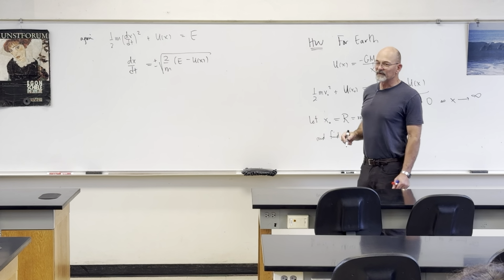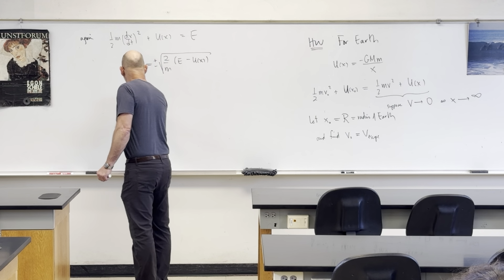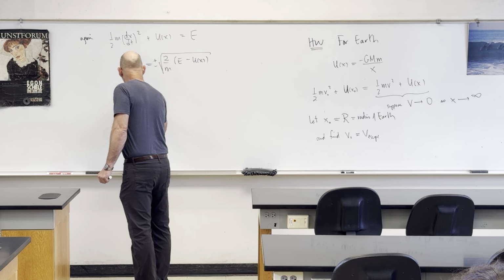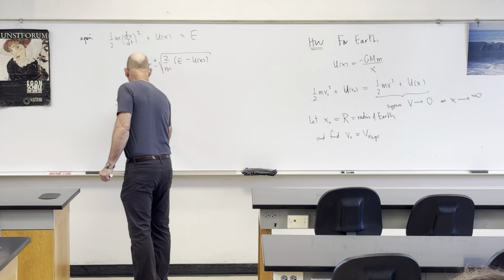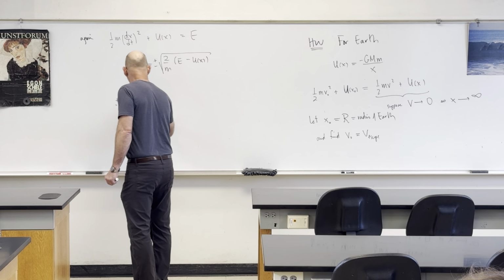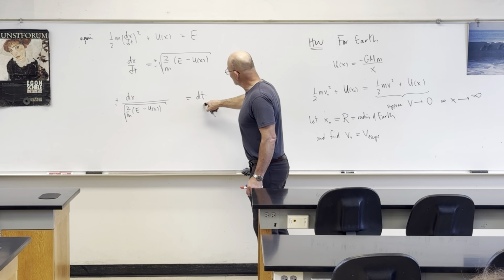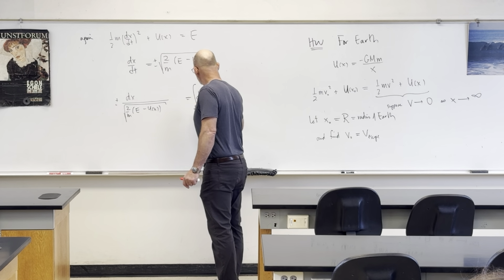We have the x's on one side and the t's on the other. So we have something interesting, dx divided by, and I can put the plus minus here, the square root of 2 over m times E minus U of x, equals dt.